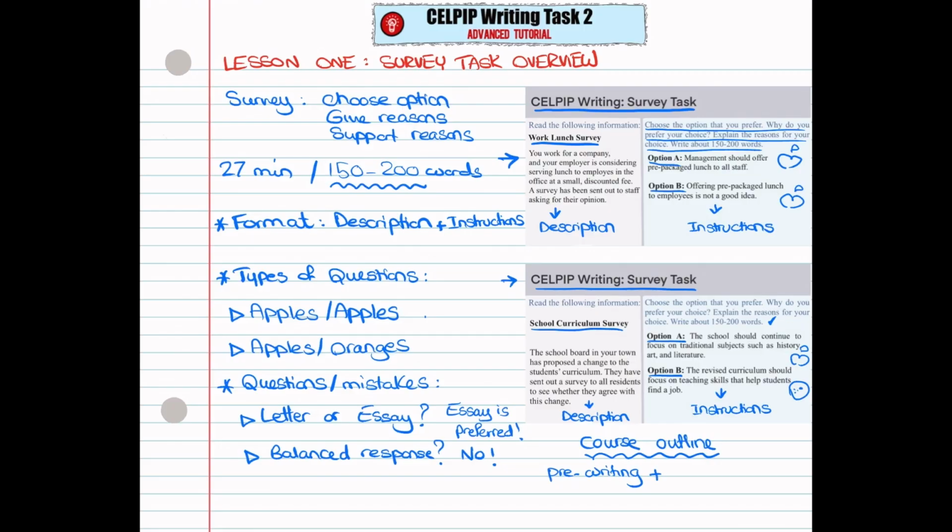Next, I'll introduce the structures and templates you'll need for writing a clear, understandable response that checks all of the examiner's boxes. I'll introduce some nice language boosters to help you increase your lexical score.